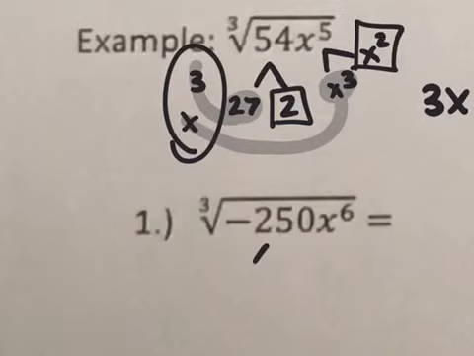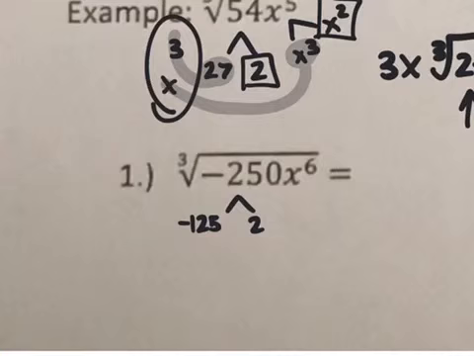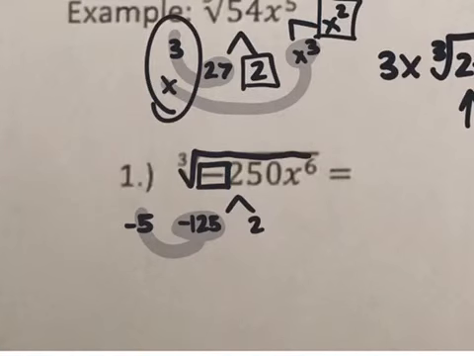All right, 1 within 250 is, I'm going to keep the negative with it, negative 125 times 2. Negative 125 is a perfect cube root for negative 5. And if you're wondering, hey, why are we even able to do this? I see a negative underneath a radical sign. Well, remember, negatives can occur under odd radicals. So third root, fifth root, seventh root, negatives do work.